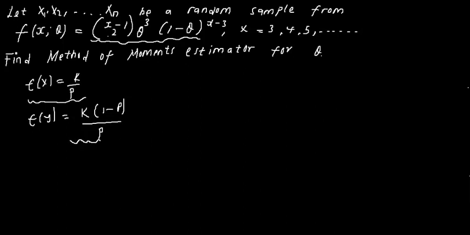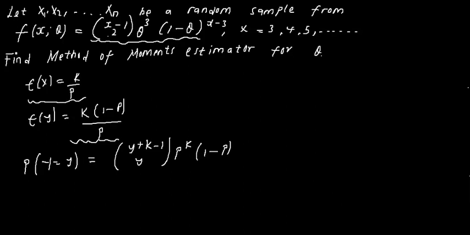And we know that this is the negative binomial of the form (y plus k minus 1 choose y) p^k (1 minus p)^y. And we know again that this version of the binomial and the one we have on top there are different.